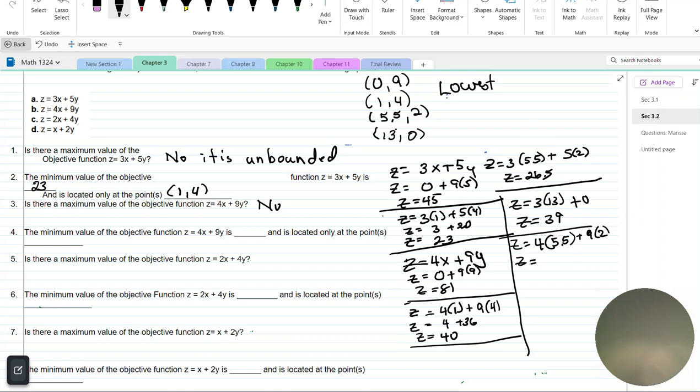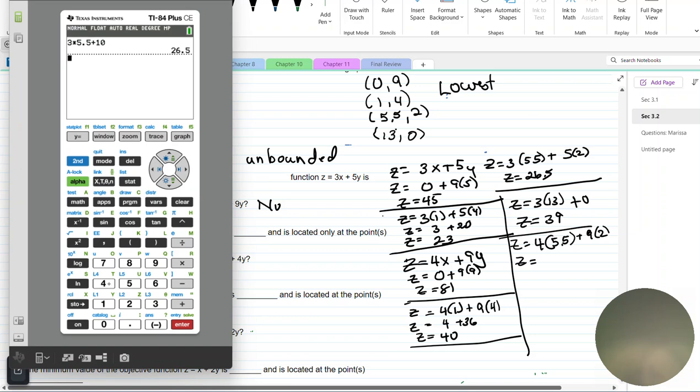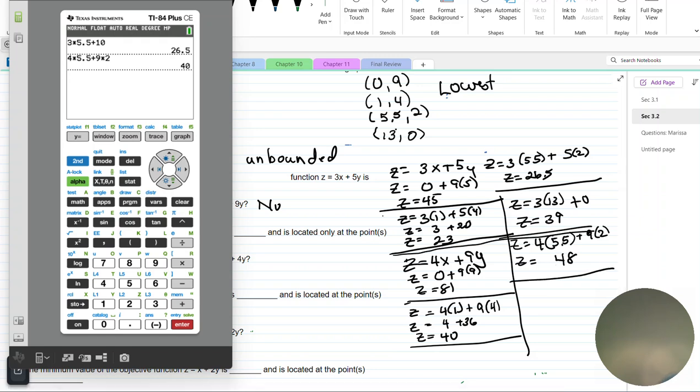All right, let me get my calculator out. 38. The last one, z equals 4 times 13 plus 0.